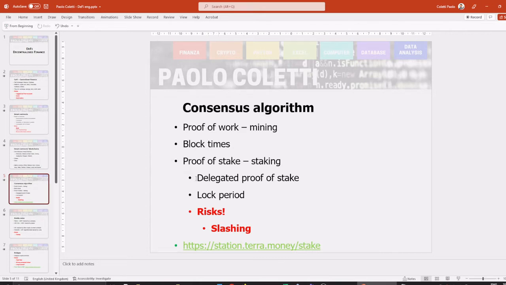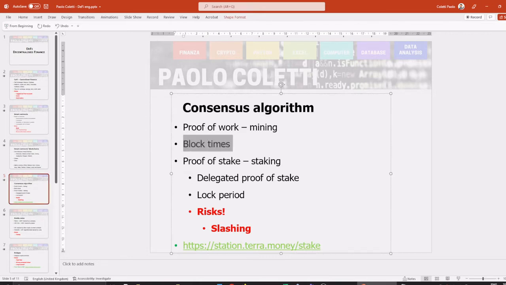The other issue, as I told you before, is block times. In Ethereum, there is one block every perhaps 12 seconds. It's a little too slow. People want to make transactions quickly. So the other blockchains are usually much faster and have much more frequent blocks, which also has some technical implications, because if the time between blocks is smaller than 2 seconds, it's difficult to propagate the block, so you must set up different consensus algorithms.